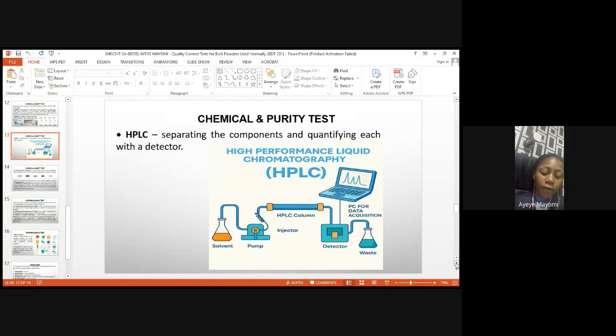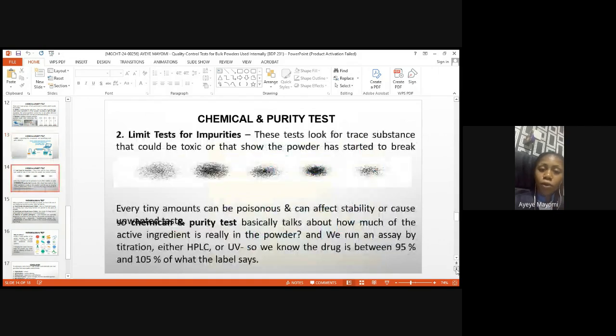Then under the chemical and purity test, we also have another example, which is the limit test for impurities. This test looks for trace substances that could be toxic or that show the powder has started to break down. Even a tiny amount can be poisonous and can affect stability or cause unwanted taste.